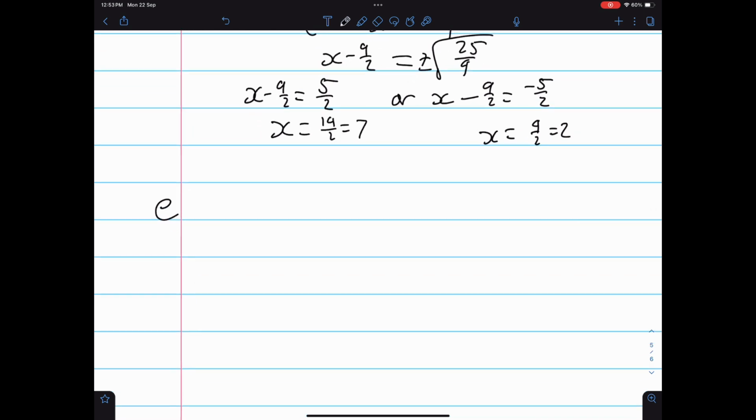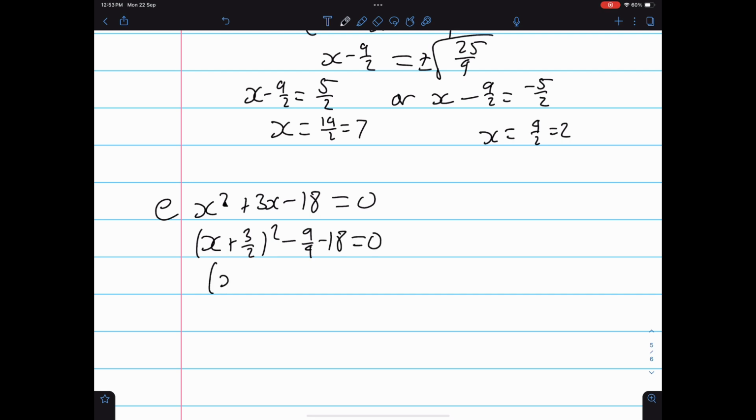E. x squared plus 3x minus 18 equals 0. x plus 3 over 2 squared minus 9 over 4 minus 18 equals 0. x plus 3 over 2 squared, this is minus 81 over 4, which is equal to 0.